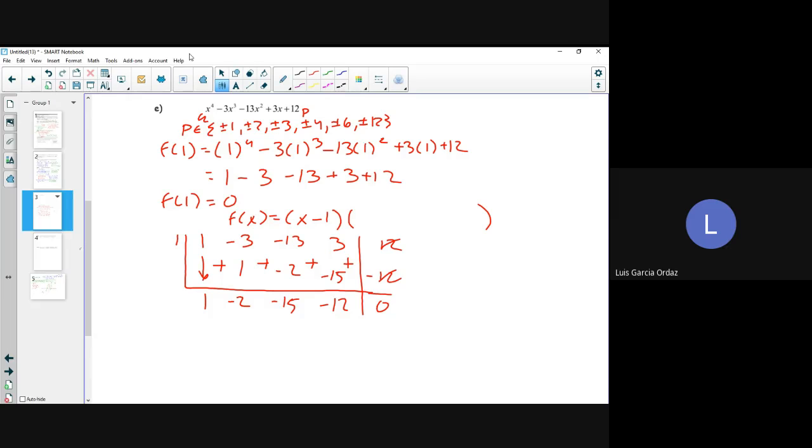So what we're left with in the bracket is x cubed minus 2x squared minus 15x minus 12. So unfortunately, what do we have to do again? We're gonna have to do the factor theorem again.